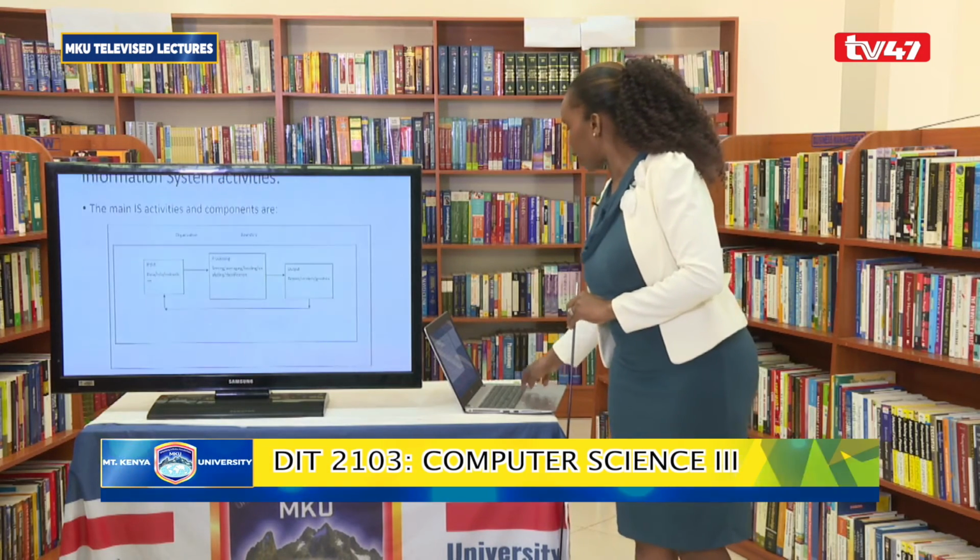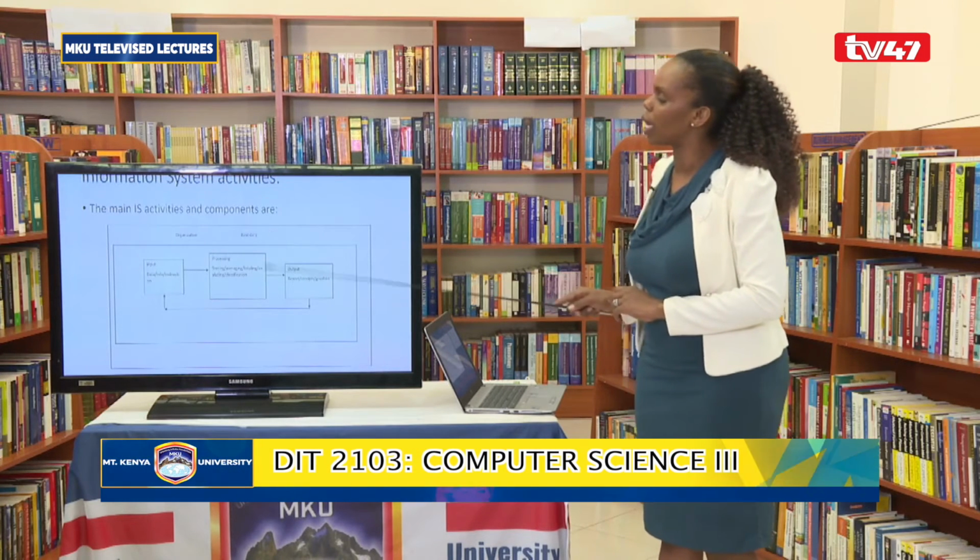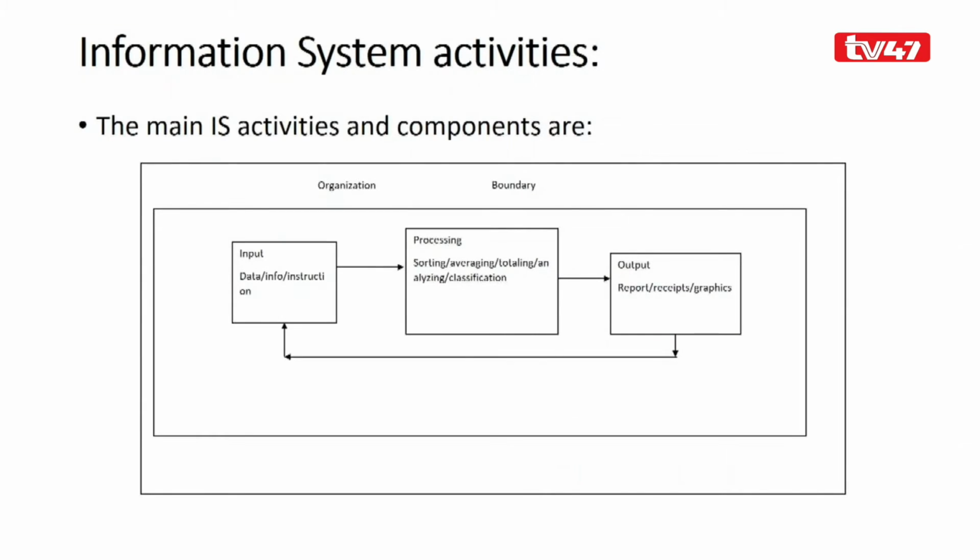Now, there's a small diagram here to represent those main activities and components that make up an information system. We have the input, which can be data, information or an instruction. Then the processing, we can be doing sorting, averaging, totaling, analyzing, classification.